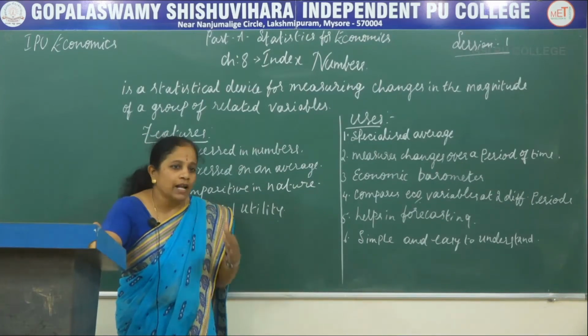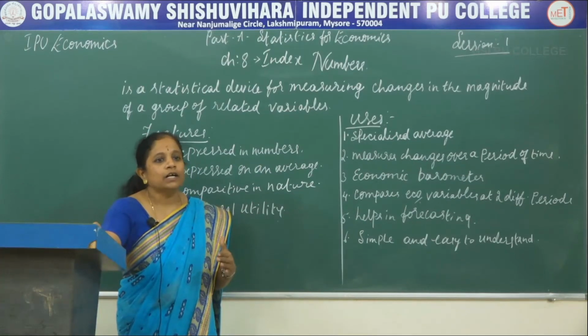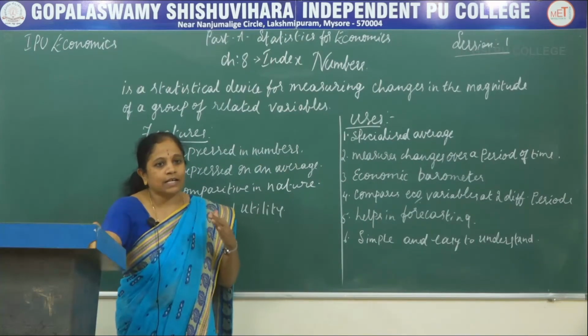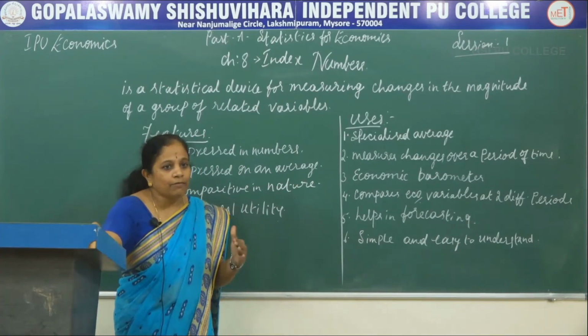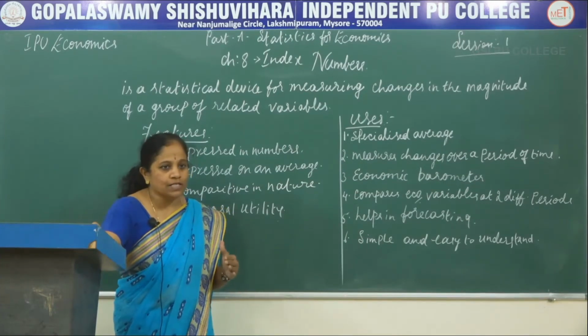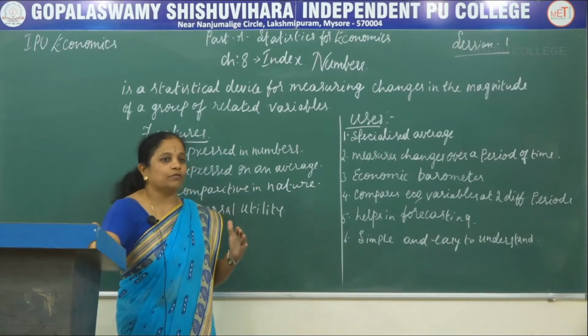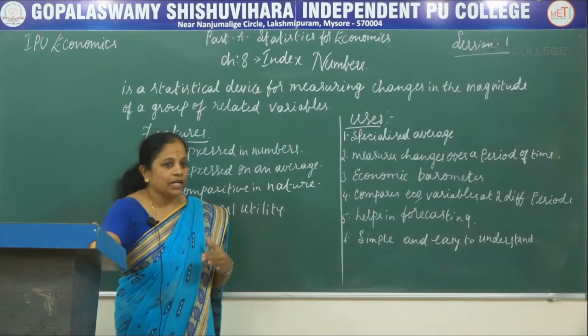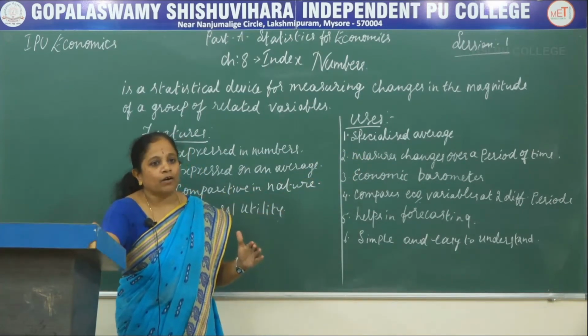When we analyze the causes, we come to know that there is a greater shortage in the supply as well as a greater increase in the demand for petrol, and it is even helpful to know about the availability of resources. Can we replenish it, or can anything be done to improve the availability of these resources, will also be checked. Therefore, it measures the changes over a period of time.